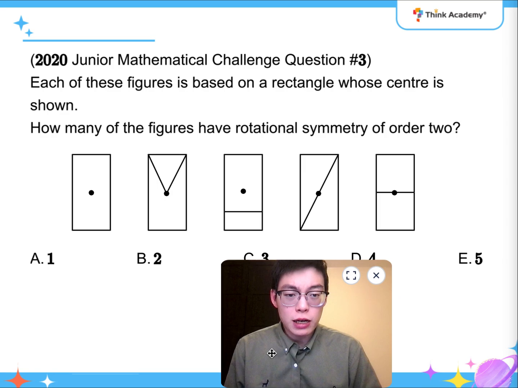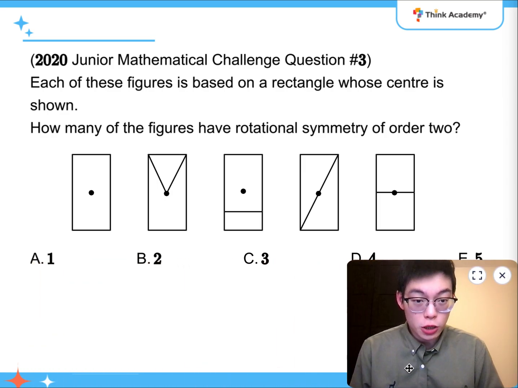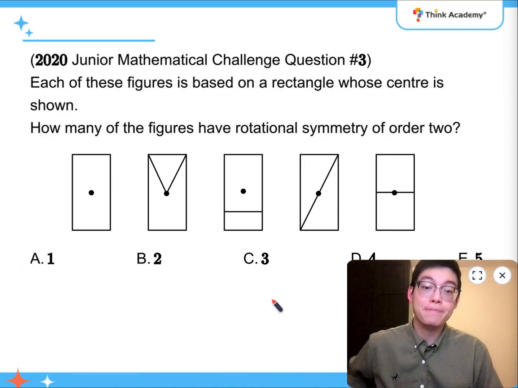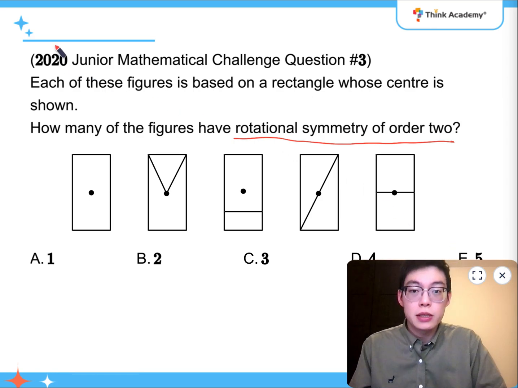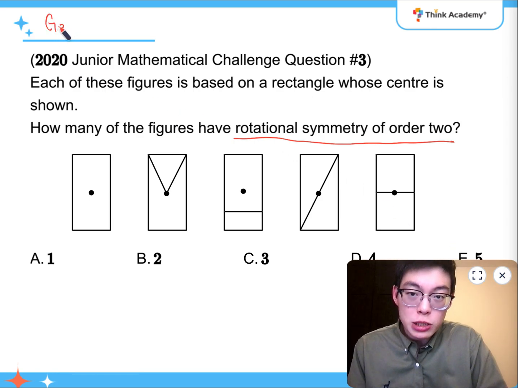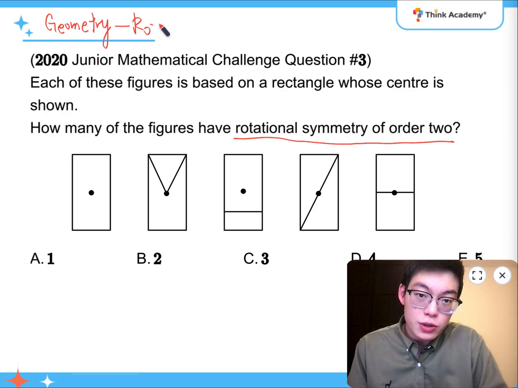So for this question, well, the options are 1, 2, 3, 4, and 5. How many of these shapes have rotational symmetry of order 2? So basically, it would be a geometry question on rotational symmetry.